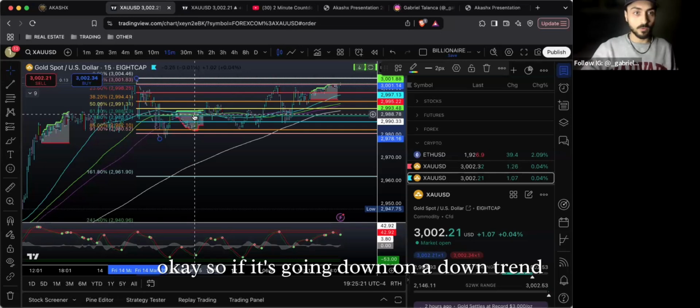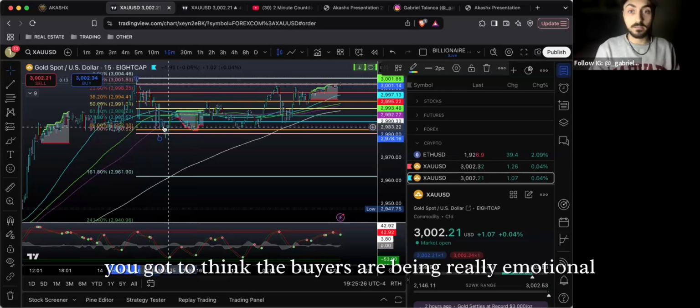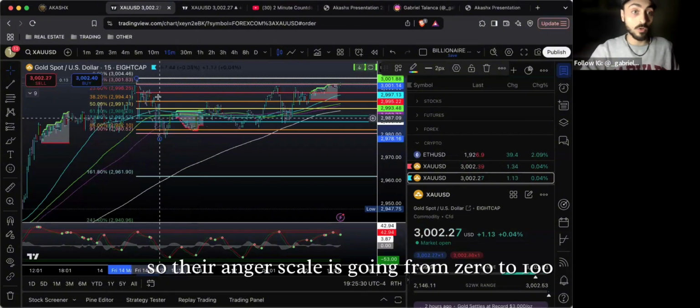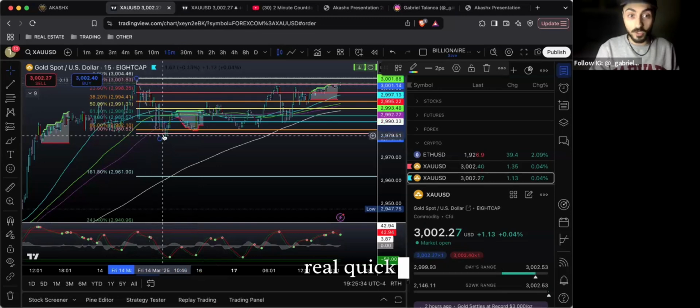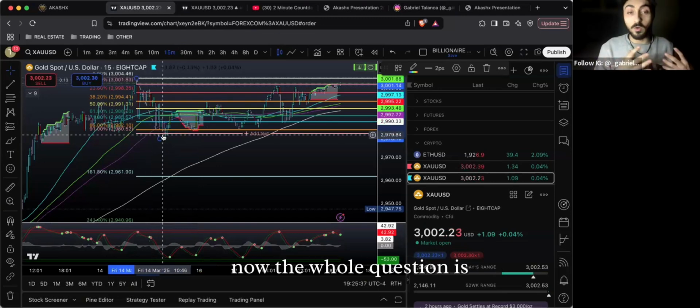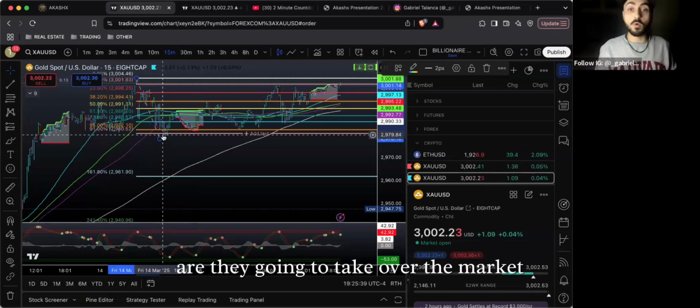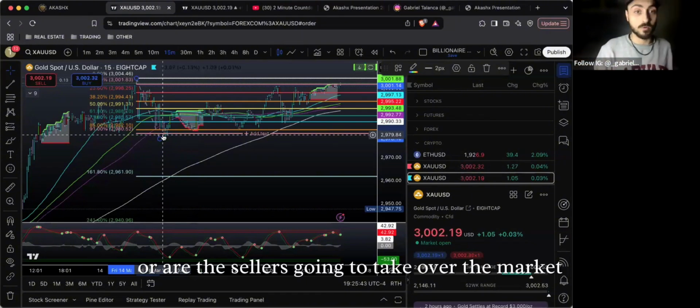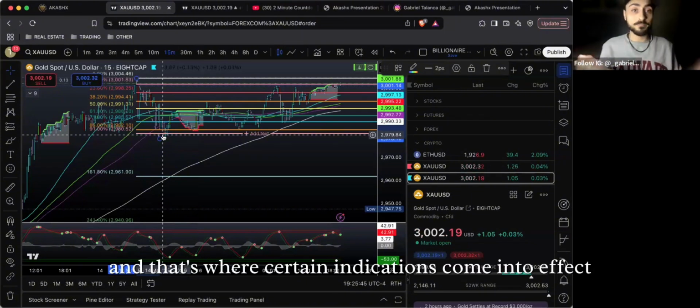If it's going down on a downtrend, you've got to think the buyers are being really emotional, so their anger scale is going from 0 to 100 real quick. Now, the whole question is, are they going to take over the market, or are the sellers going to take over the market? And that's where certain indications come into effect.